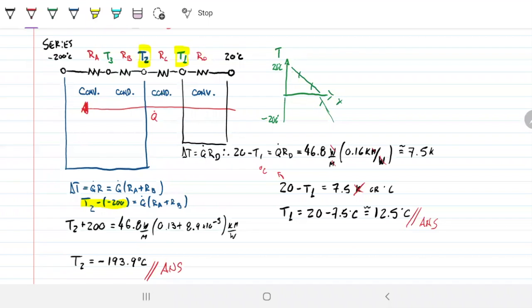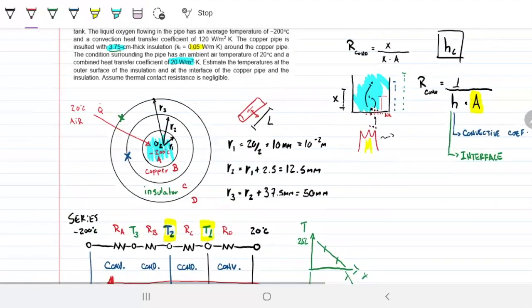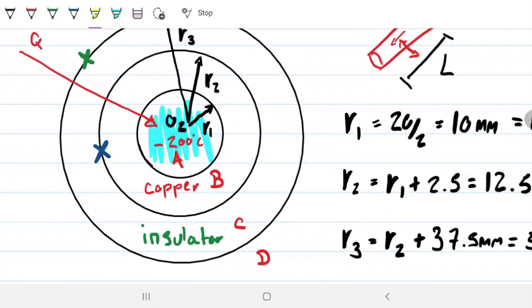What we can do is a little analysis before we sign off on this question, which is to check what happens with the temperature from the inside, the oxygen, which is at minus 200, to the interface until we hit the insulation. It's pretty much the same temperature. There's really no thermal resistance happening there. We have minus 200 in the center here, and we have minus 193 over here.